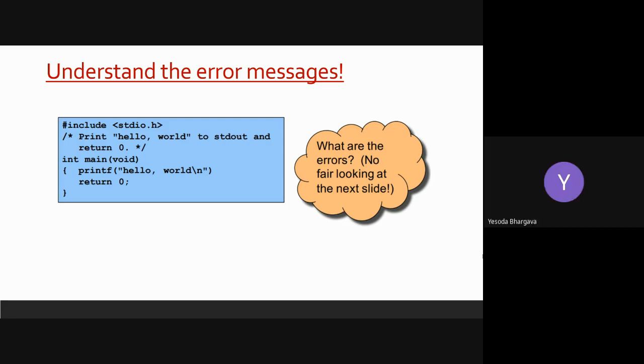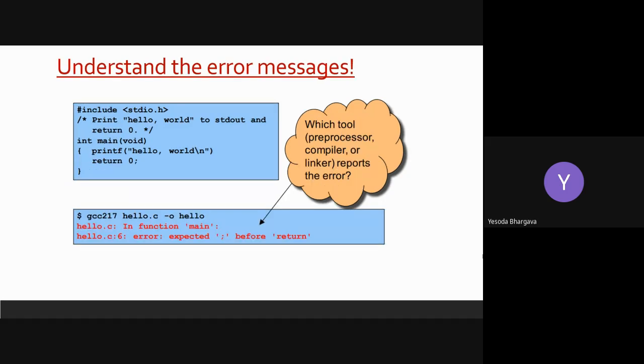What is it for? No, because the function main is not taking any argument, so it's just written void. Notice carefully what it is missing. Yes, as someone already said, a semicolon is missing at the end of the printf. Again, when you run this program, it is fairly easy to understand this kind of error.